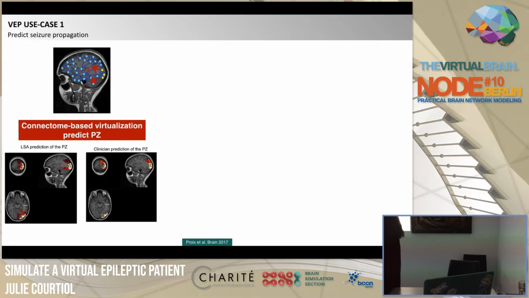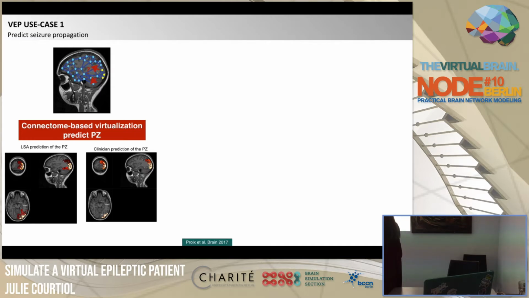Computing a linear stability analysis, they were able to predict in which direction the seizures propagate, so identify the propagation zone. Here there is a clinician prediction, and here you have the predictions using this linear stability analysis and the Epileptor model. Here again in yellow you have the epileptogenic zone, and in red you have the propagation zone, and you see that there is some discrepancy between both.